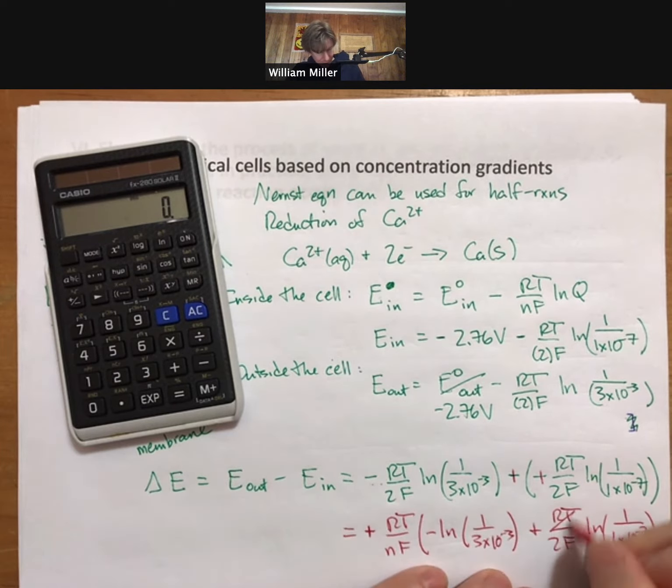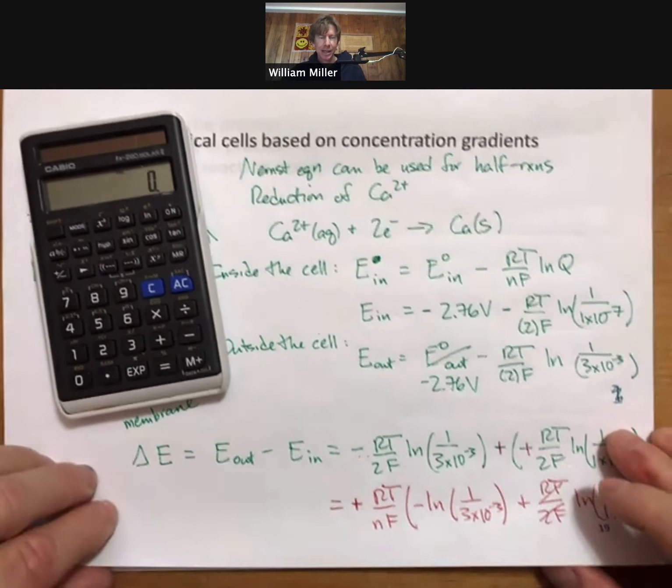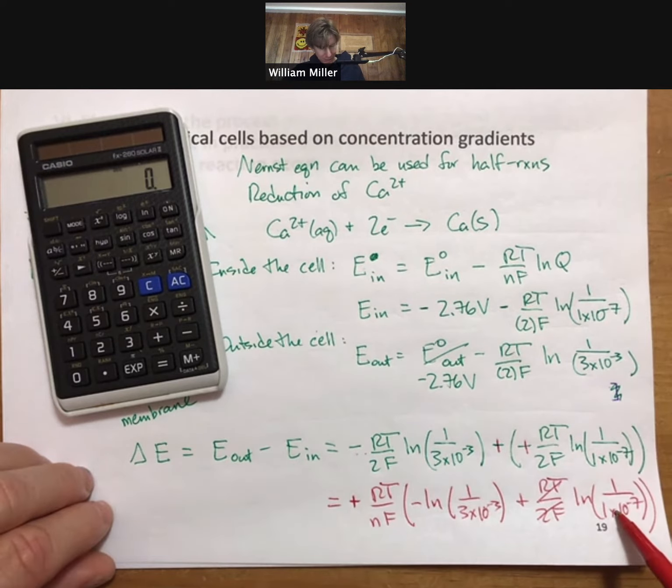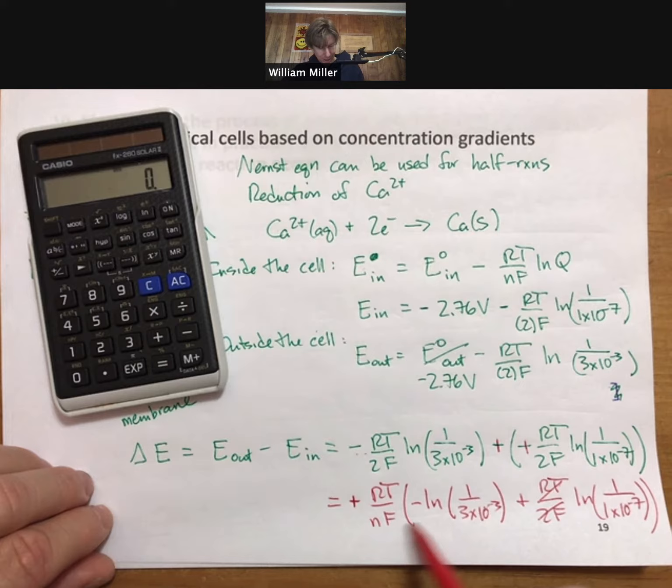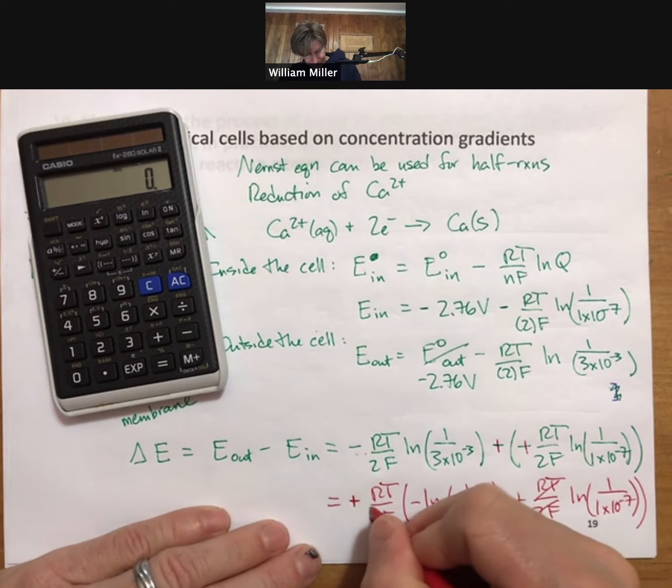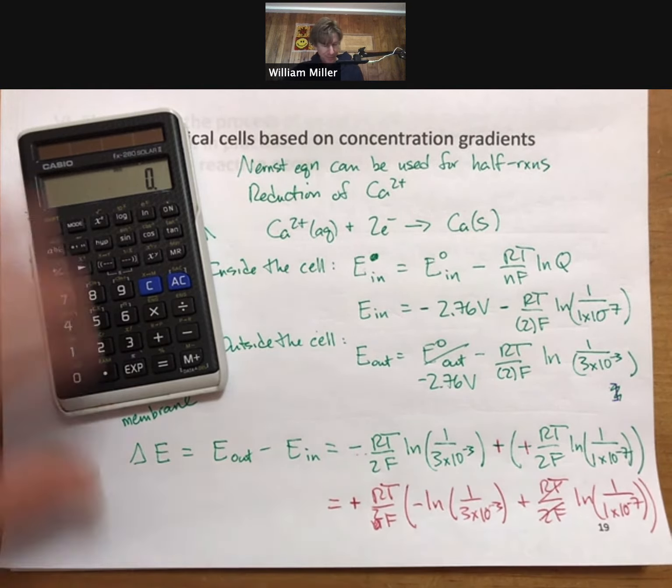Oh, we've got our RT over nF outside. And so now we have to do the two natural logarithms and then multiply it times RT over 2F.